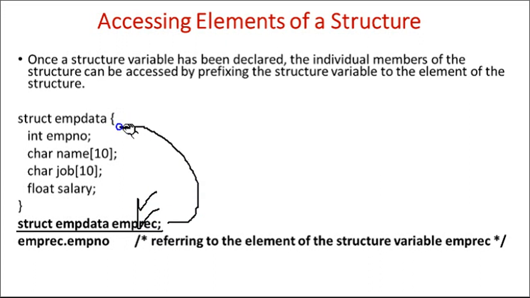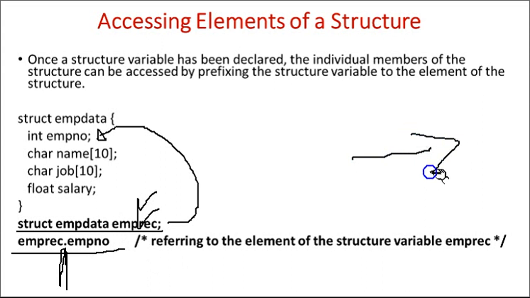If I want to access a member such as emp number, it has to be with the statement emp rec dot. This dot operator is used here. No other operator can be used to access members of the structure for a normal variable. If it is a pointer variable, the operator changes to the arrow operator. Right now we need not worry about the arrow operator because we are considering a simple variable.